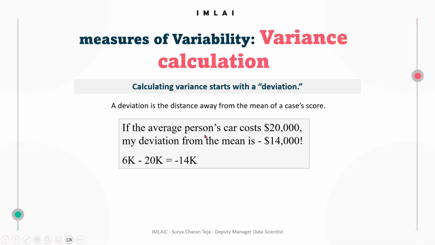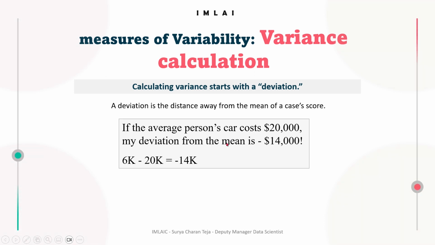In that data set, we have calculated the mean of the person's car cost, that is 20,000. It's like we have the car cost of different persons in our population. Out of that, we have calculated the mean and we got 20,000 USD.